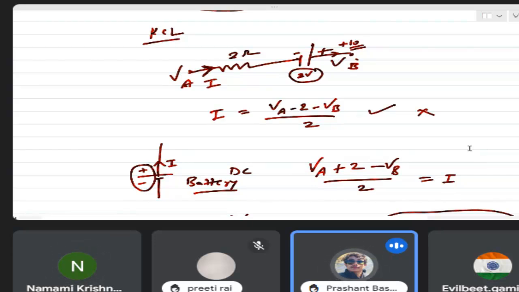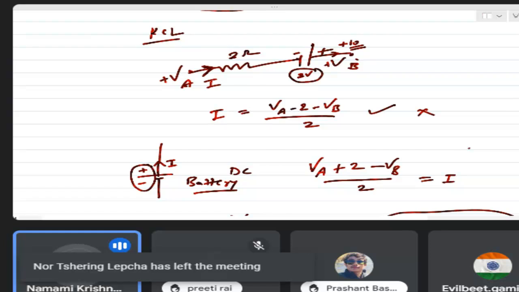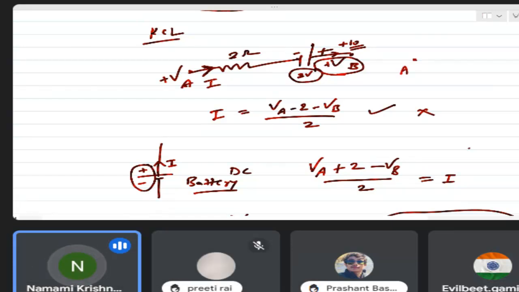Very good question. The polarity of these voltages VA and VB are positive. Why am I assuming this VB with a negative sign? You can see here, this is point A, that is the positive VA. The tendency of the positive terminal of a battery is to release the current.